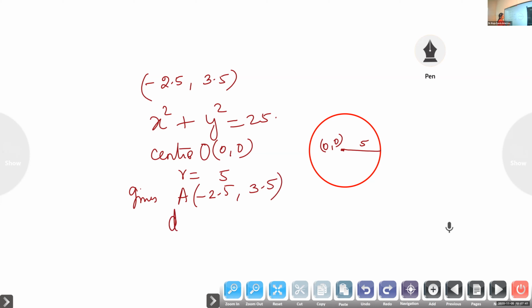So find the distance OA using the distance formula and check whether it is less than 5, or greater than 5, or equal to 5, and whether it is lying outside or inside or on the circle.